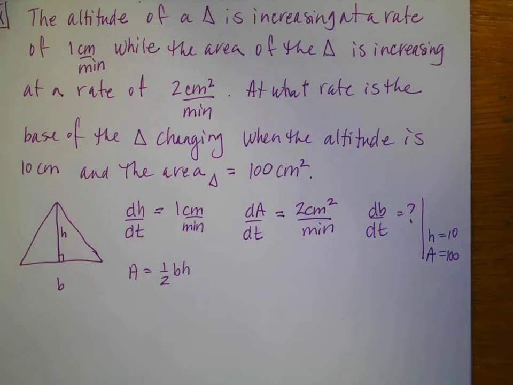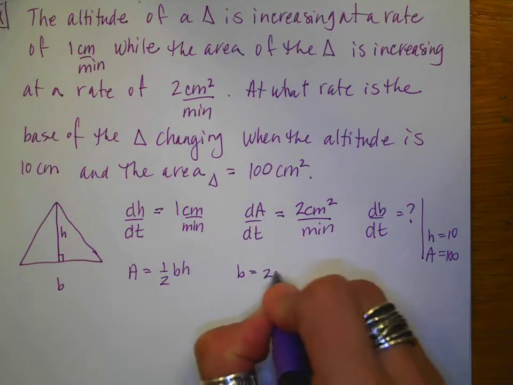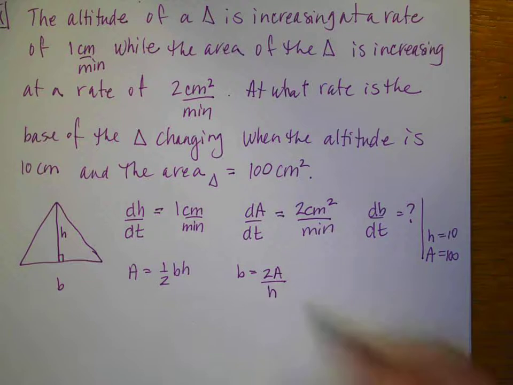So the first thing that I'm going to do, I drew my diagram. I'm going to write the formula for the area of a triangle, and I know that area is equal to 1/2 base times height. Well, I don't have a number for the base, so I'm going to use these two values to solve for the base. So the base is going to be 2 times the area divided by the height. I did something wrong.